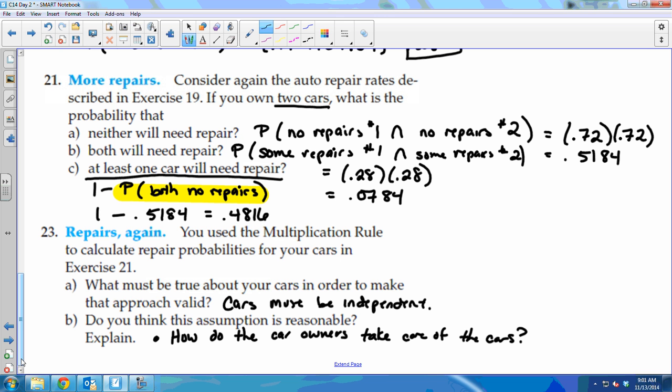And also, how old are these cars? We have two 15-year-old cars. That's going to make a difference, right? So those are some things that might make the events not independent. But it's just some things to consider.